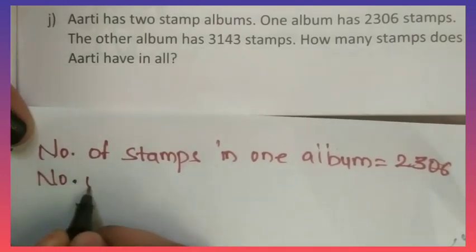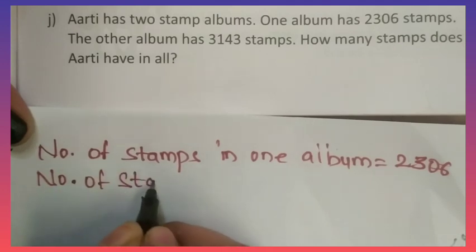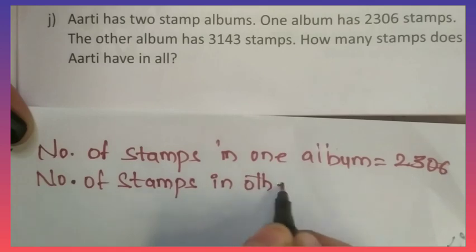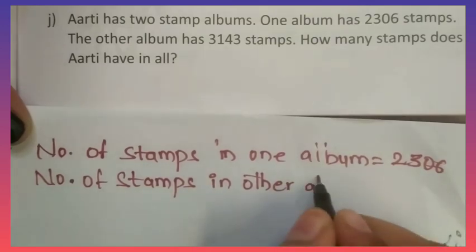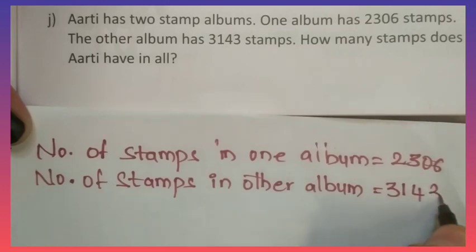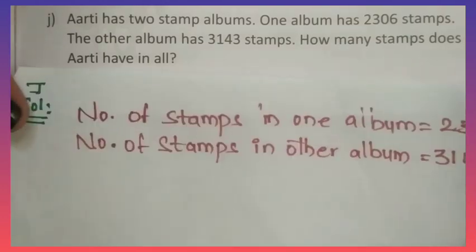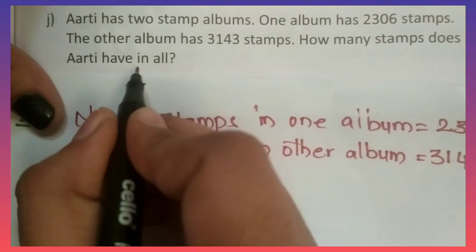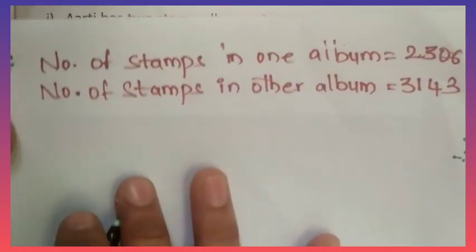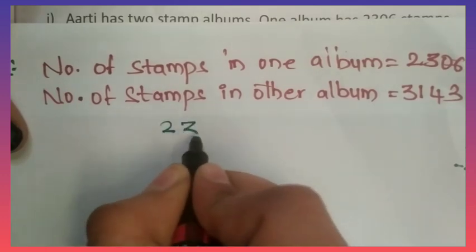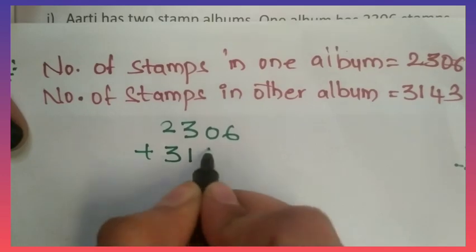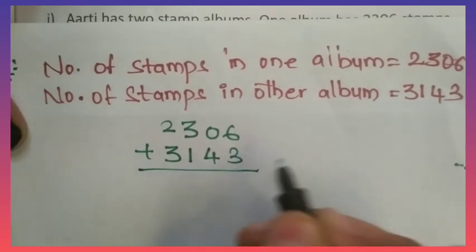Number of stamps in other album. 3143. How many stamps does Aarti have in all? In all means we have to do addition. So 2306 plus 3143.